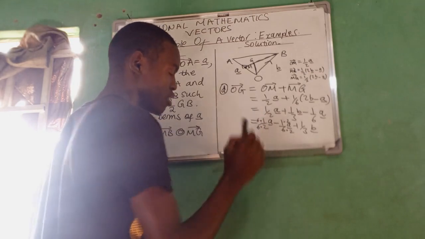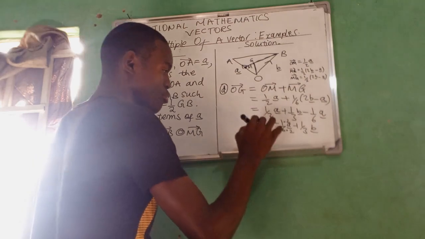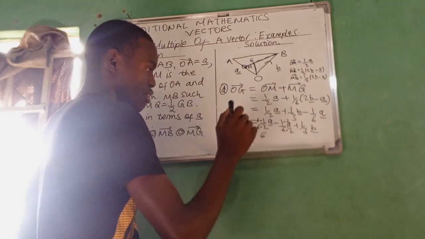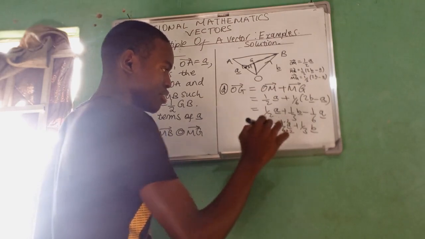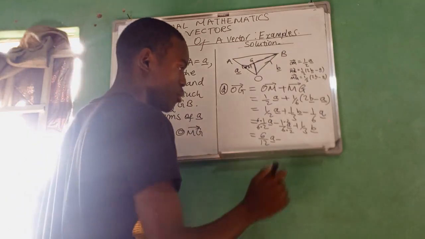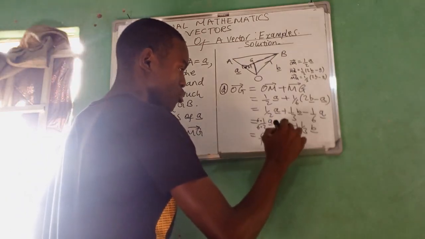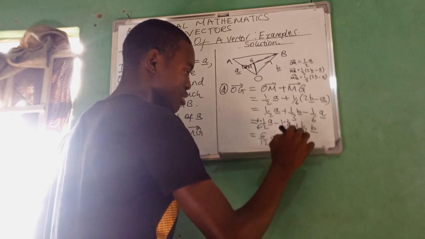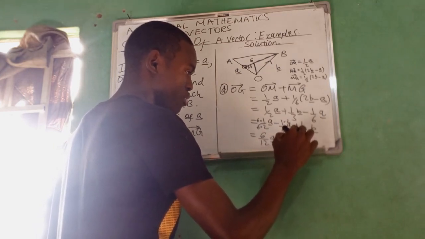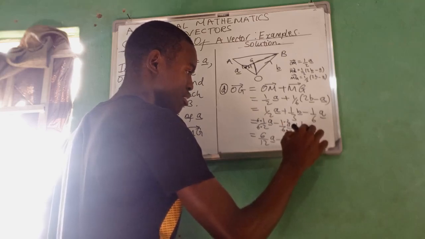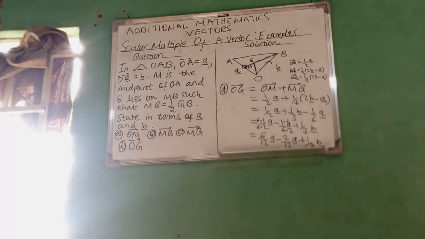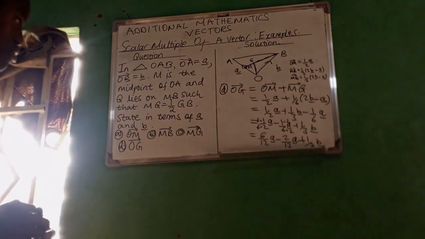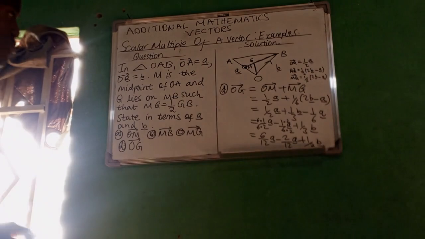So 6 times 1 is 6, 6 times 2 is 12 of vector A, minus 2 times 1 is 2, 6 times 2 is 12 of vector A, plus 1/3 of vector B, like that. And then we start to simplify this further.